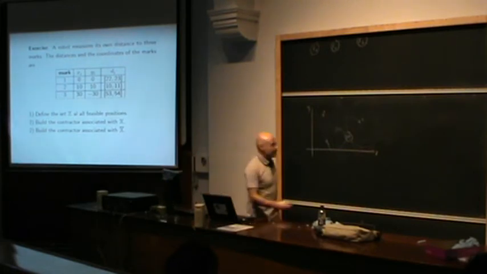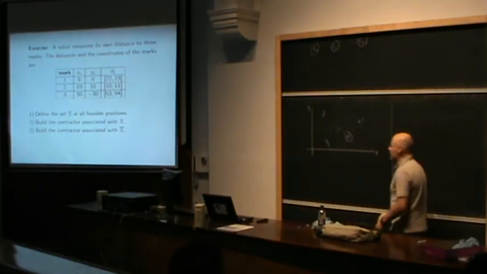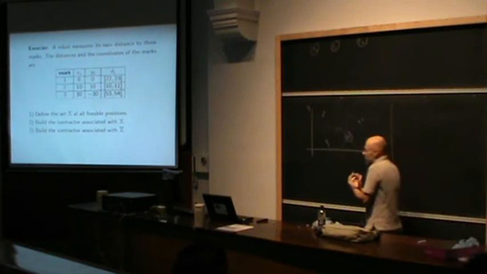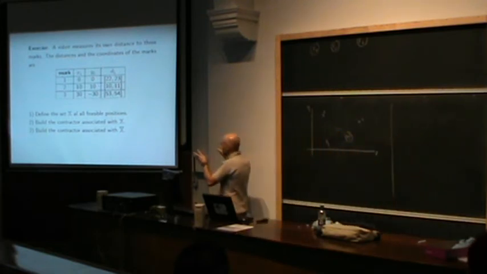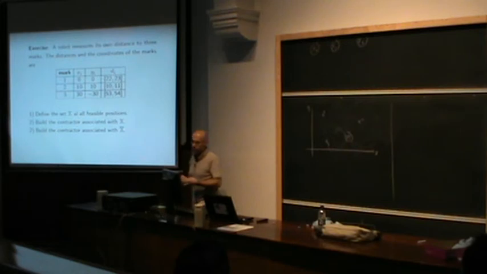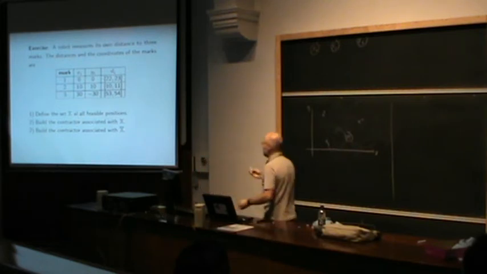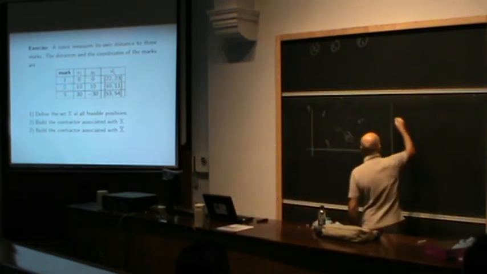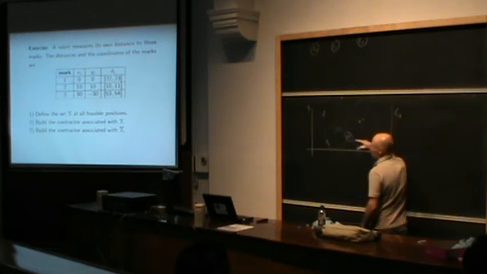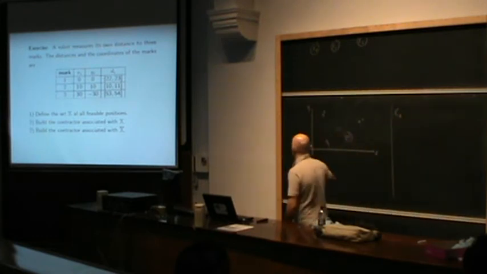So first of all, I will build my contractor. The first step is to transform all information into contractors. Let me consider, for instance, the first contractor, C1, which corresponds to the first measurement.